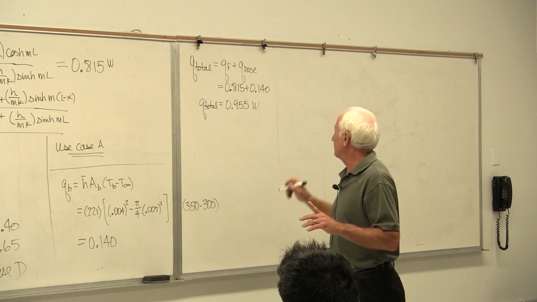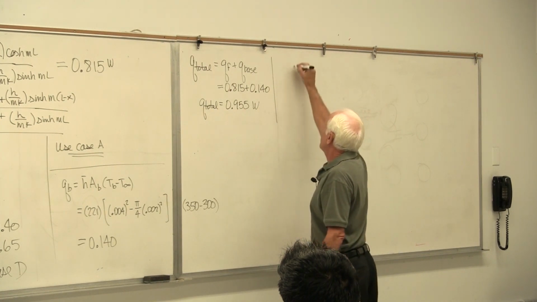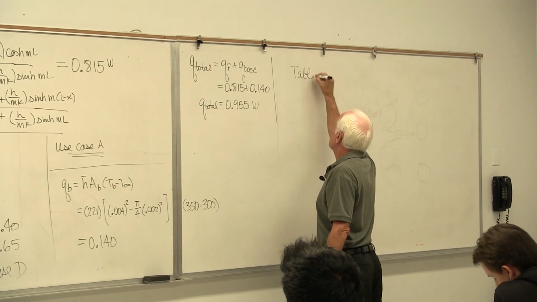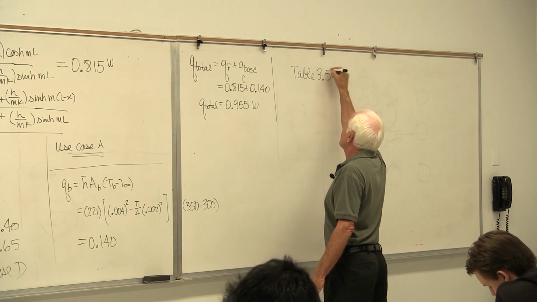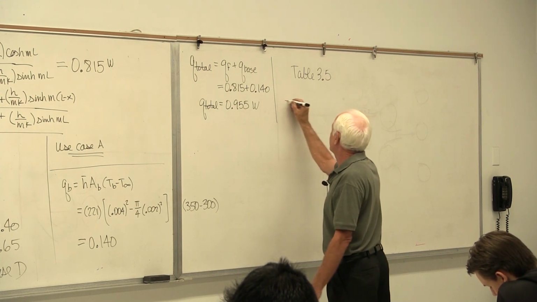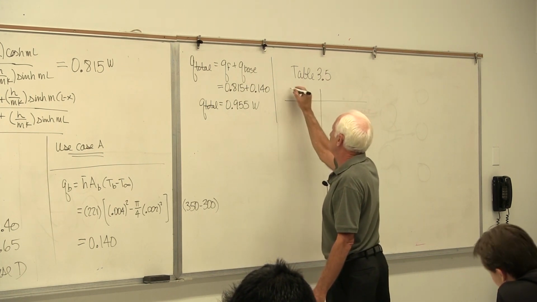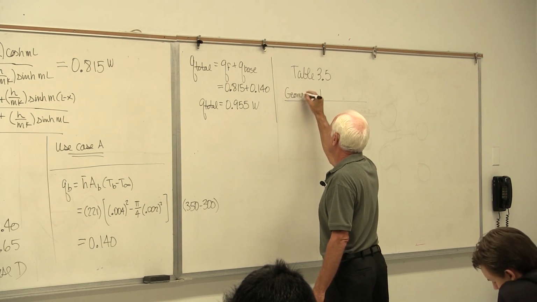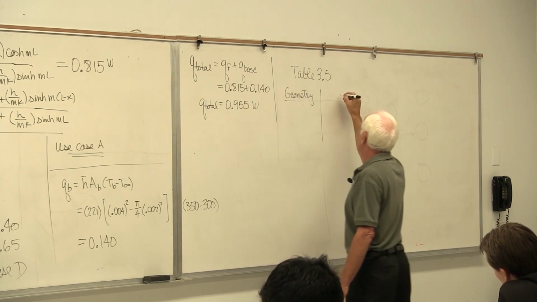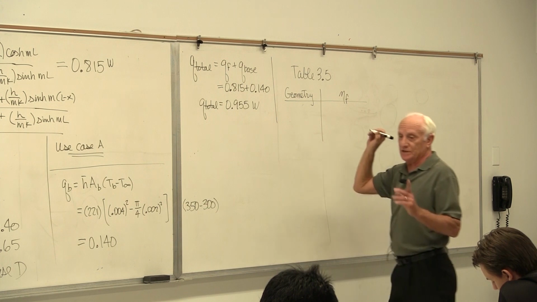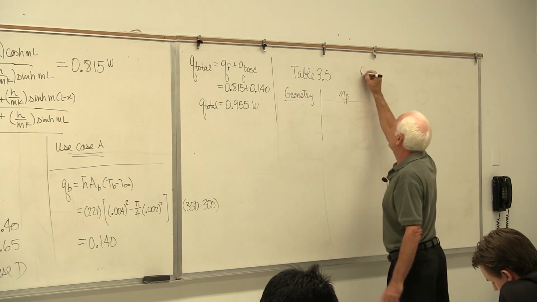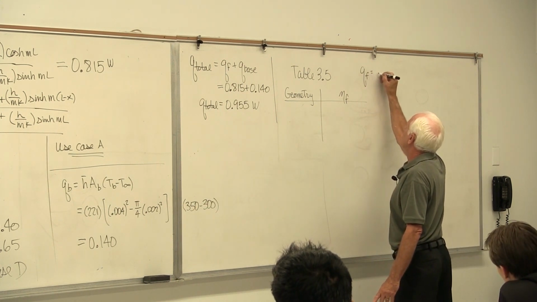Now there's another table, table 3.5, which gives us the fin efficiencies. Okay, this was the geometry, and this was the equation for the fin efficiency. And once you got the fin efficiency, then this is what you did.